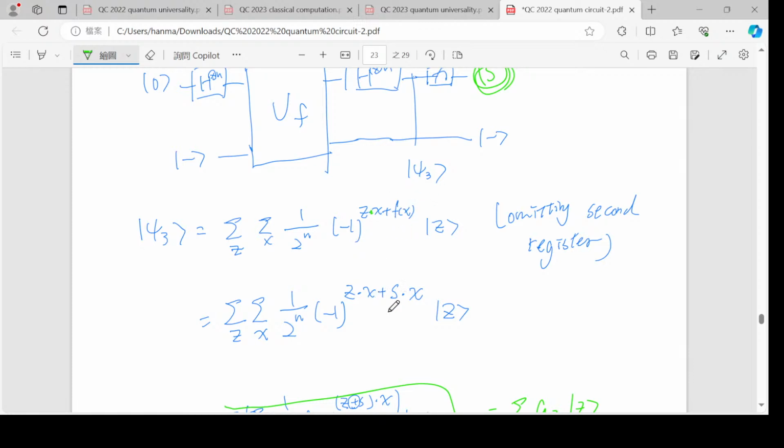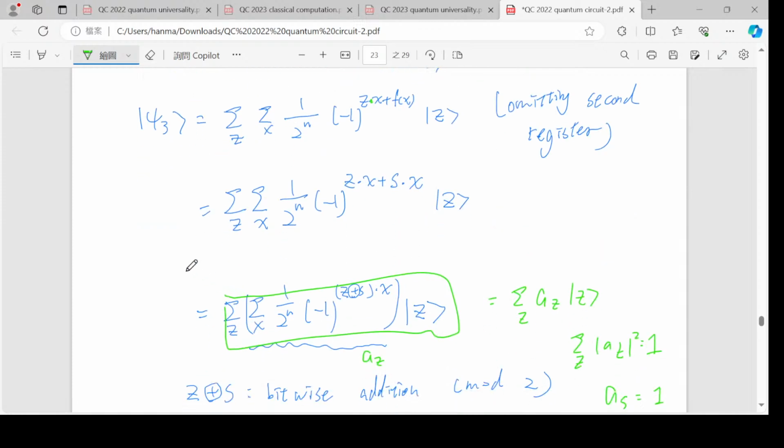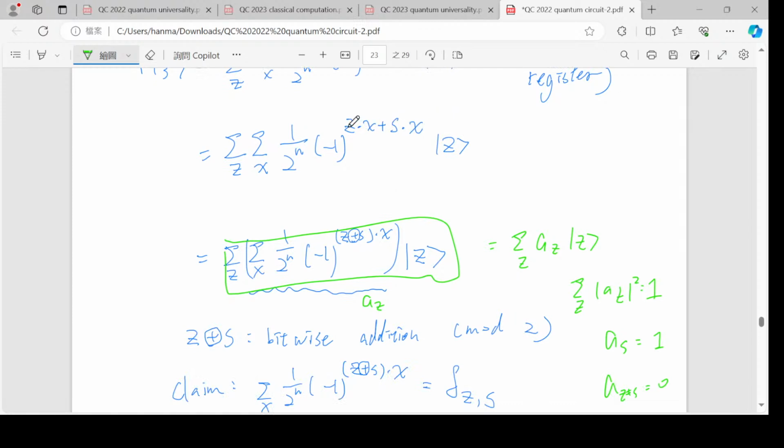We know f of x is our secret s inner product with our input x. So f of x is also s dot x, and we can do some linear algebra. We have z inner product with x and s inner product with x, so you can use the distributive rule, and that's z plus s inner product with x, with everything mod 2. This addition is bitwise addition mod 2, which means you XOR every bit of them.